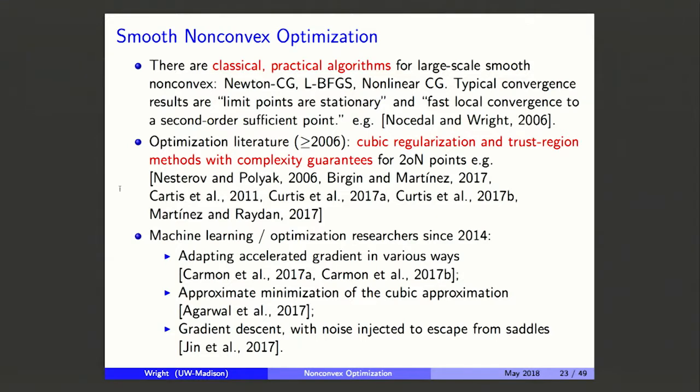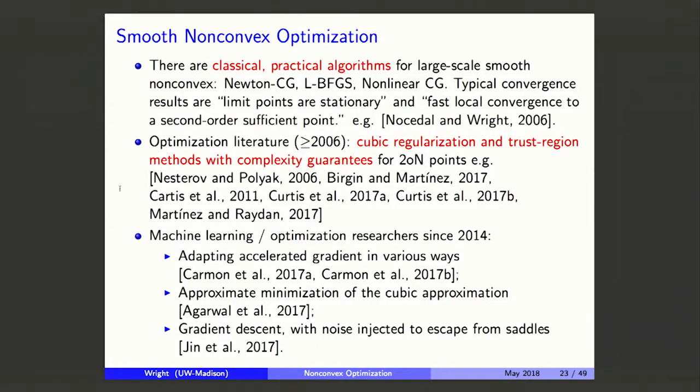So the idea is going back to those methods and tweaking them in a way that can guarantee some sort of complexity bound as well as some asymptotic guarantee. The first paper in that strain that I know of is this Nesterov-Polyak paper, but there are other recent works as well, mostly in the optimization literature.